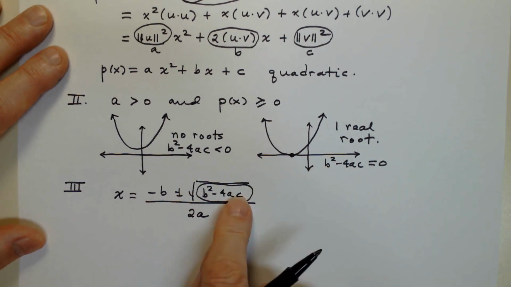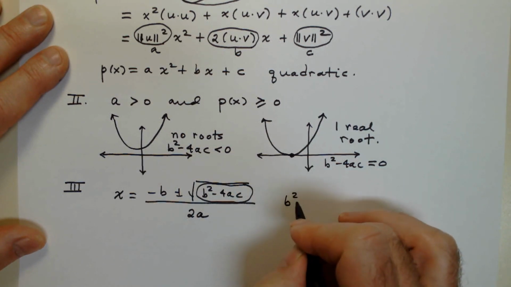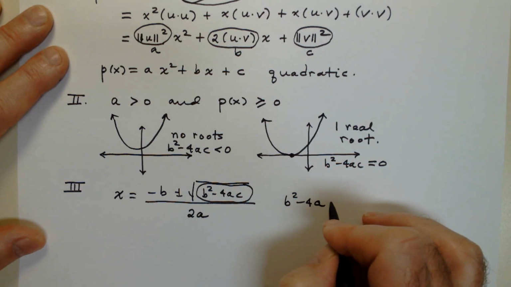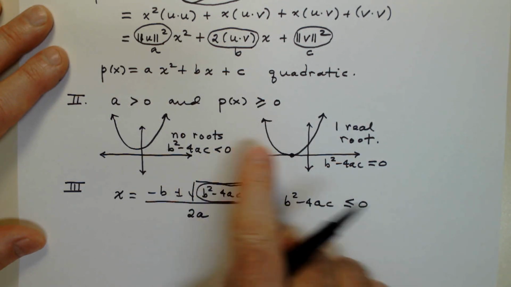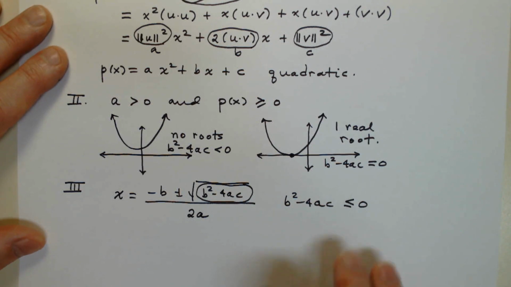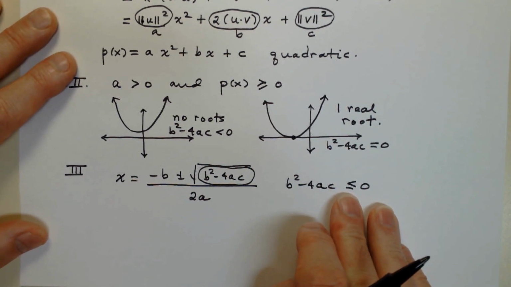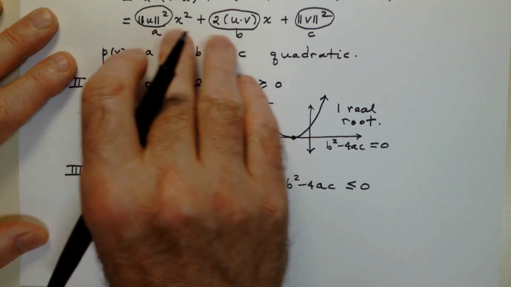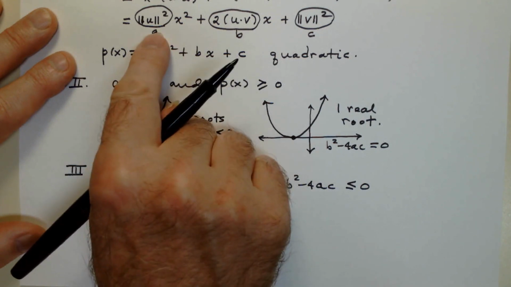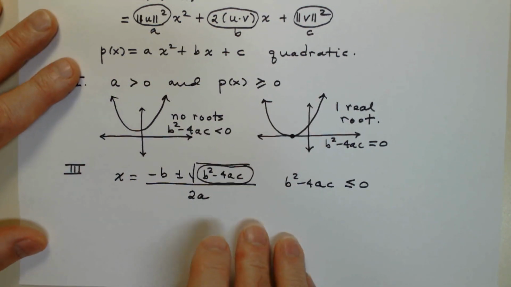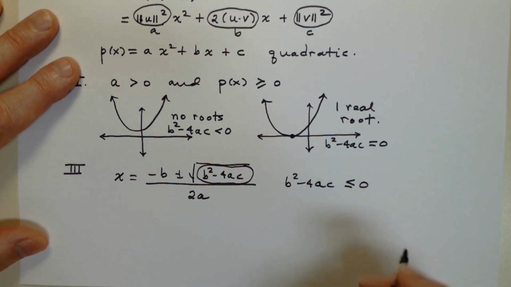So the consequence of this analysis is that b squared minus 4ac is always going to have to be less than or equal to 0. It's either this case or this case. So we can combine those to say that b squared minus 4ac is less than or equal to 0. Now let's go back and rephrase this in terms of a, b, and c. And let me just do one next step. I'm going to write b squared is less than or equal to 4ac.